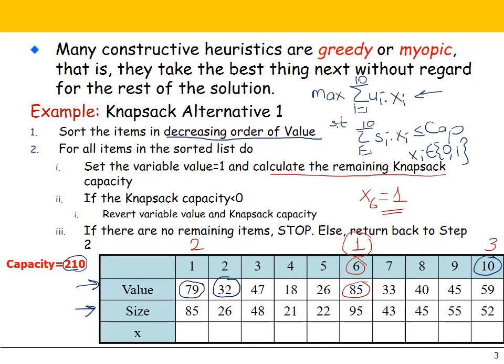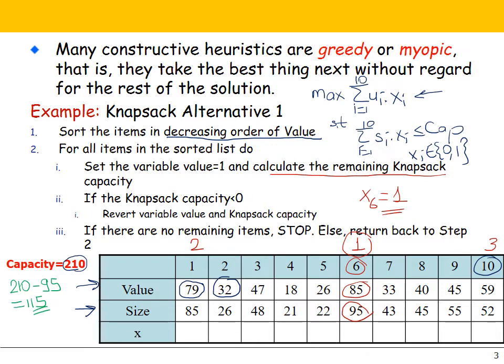The size of the sixth item is 95. I initially had 210 as the capacity, and when I place item 6, I use 95 of it, so the remaining knapsack capacity will be 115. This means I can use the remaining capacity to take some other items.